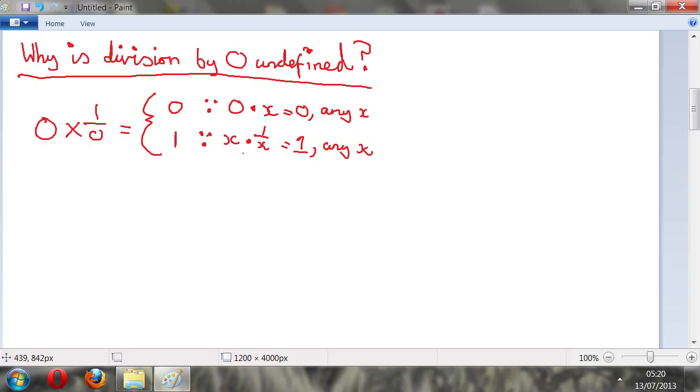Or if x is 5, a fifth of 5 is 1, for any x. So if we plug it in, we'll see that 0 times 1 over 0 is 1 for any x. But obviously, these two statements are not equal. All right. So that's that.